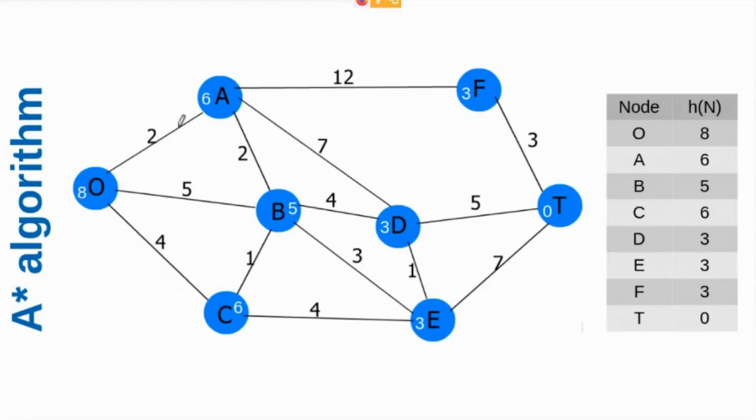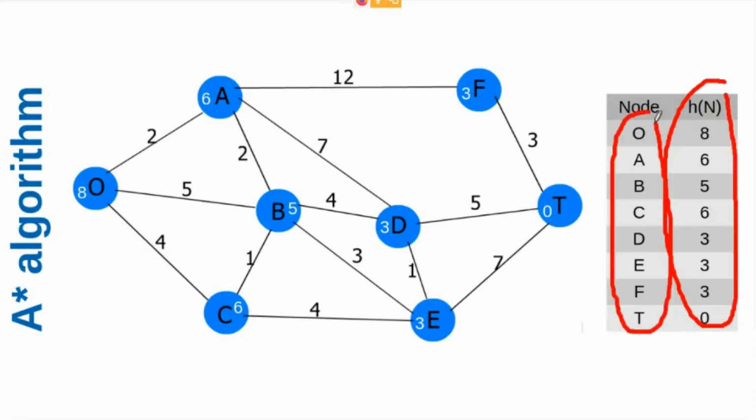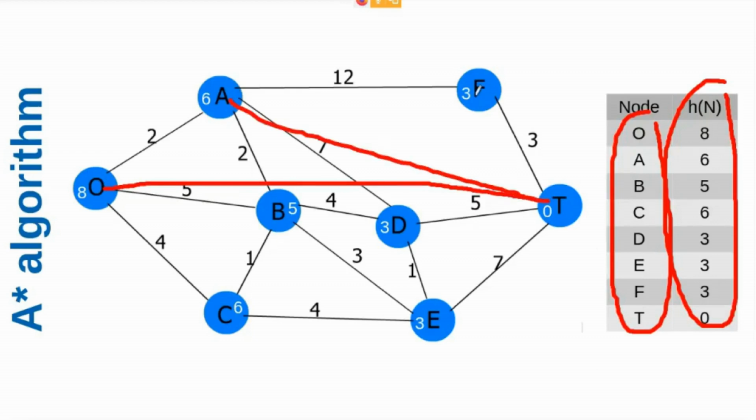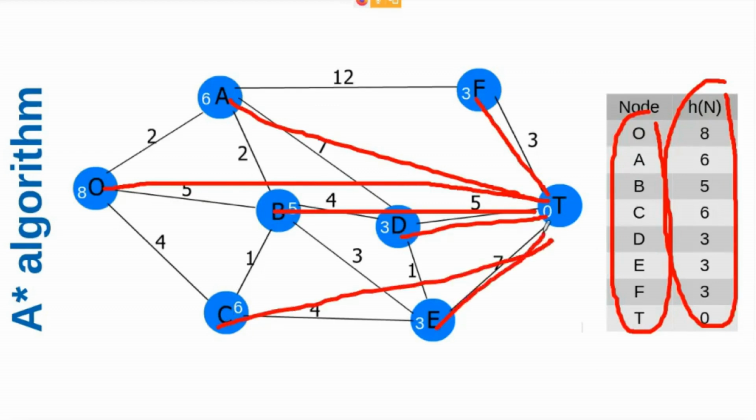So here I have written, in white, as you can see, the list of heuristics assigned to every node. So the origin has a heuristics of 8. Remember, it is the underestimation of the cost of going from O to T, then this for C and for E, right?